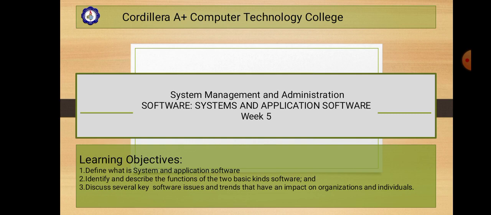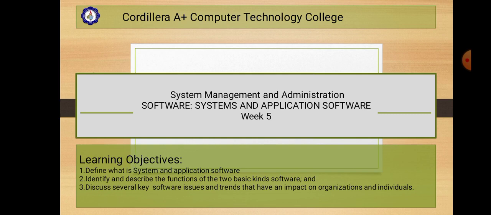Also, if you are going to watch or listen to this supplemental video, please always have with you your printed module. Okay, para sa ganun is mas mabilis nyo maintindihan, or the printed module that you have would serve as your guide while you are listening or watching this supplemental video.